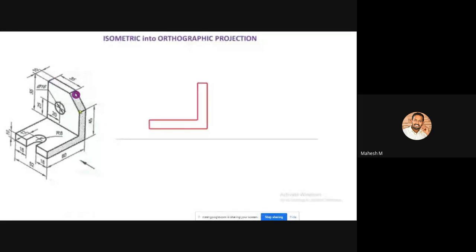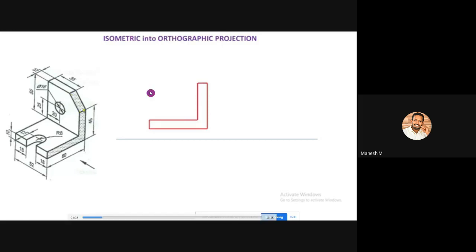If you're looking from this direction, you are able to see this line. Actually, it will look like an inclined line from your side view, but if you're looking from the front view, you can't see the inclination. So this particular line will look like a vertical line.